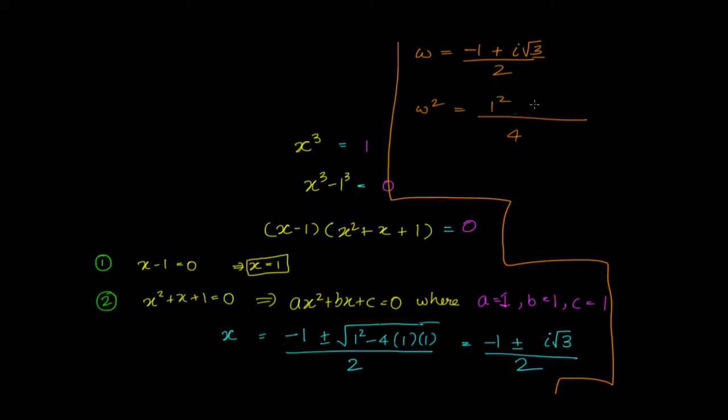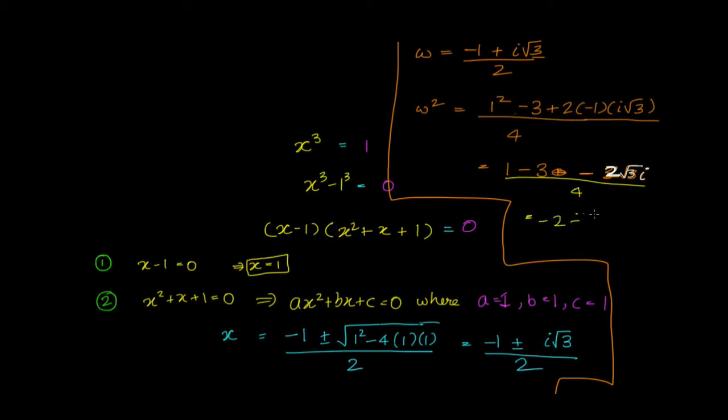So a square plus, with i root 3 square, which is minus 3, plus 2 into a into i root 3, which is equal to 1 minus 3 minus 2 root 3i by 4. 1 minus 3 is minus 2.